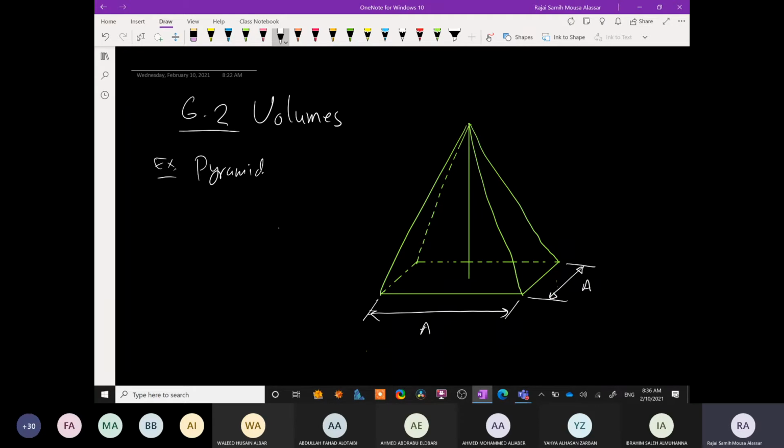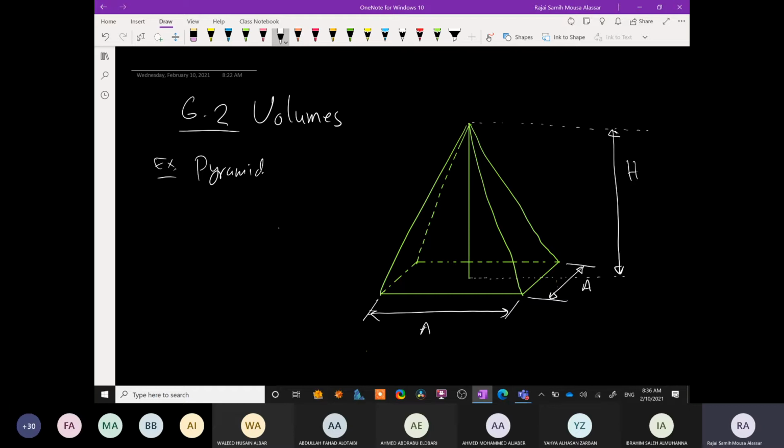All right, is the question clear? Yes, clear. But there's something missing, which is what? The height. Exactly, very good. So we have the height, let's say it's capital H.